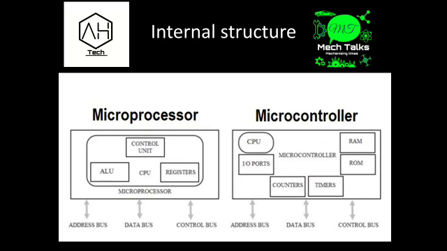So a microcontroller is a very small chip which has the RAM, ROM, counters, timers, CPU, and also the IO ports. But a microprocessor is only a CPU, and this CPU needs to be connected with the motherboard to perform the tasks. But an IC can be used wherever you want. For example, the IC is nothing but a microcontroller.